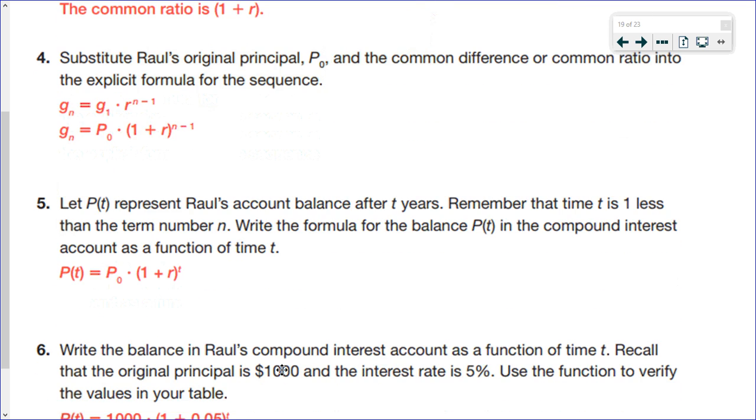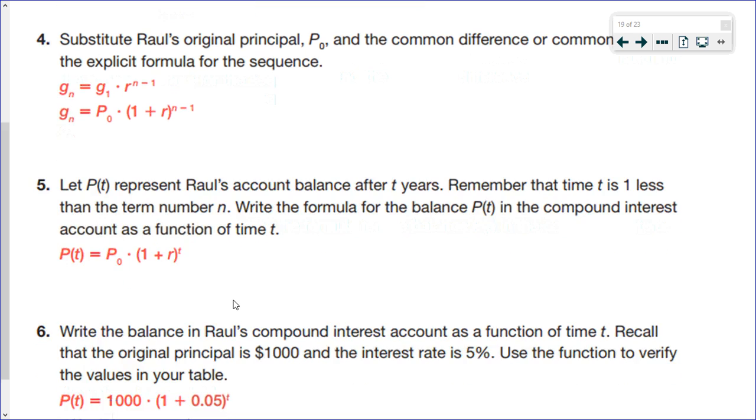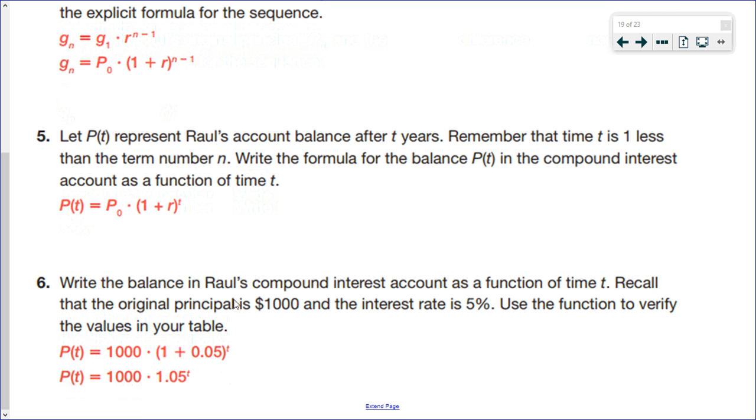Now 6 says, write the balance in Raul's compound interest account as a function of time t. Recall that the original principal was 1,000 and the rate is 5%. So we just plug in our numbers. 1,000 is our P0, our starting point of a sequence.